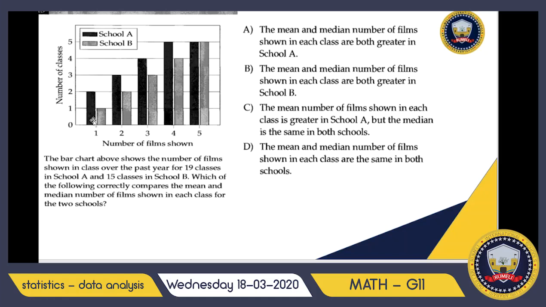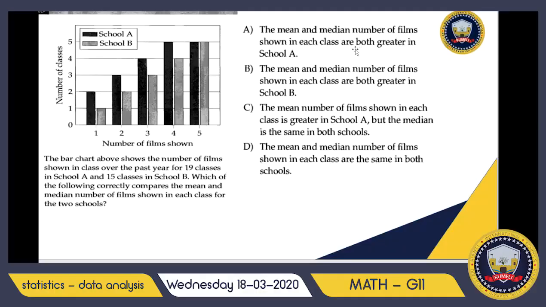So basically, from this graph and from the number of classes and number of films shown, I have to find the information from this graph, and based on it I have to reach a conclusion about the mean and median. In this question we have four options.